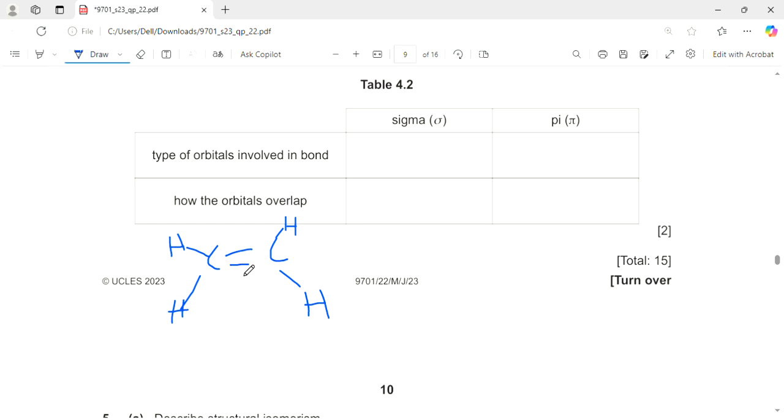So we know that they are sp2 hybridized, sp2 sp2 hybridized.